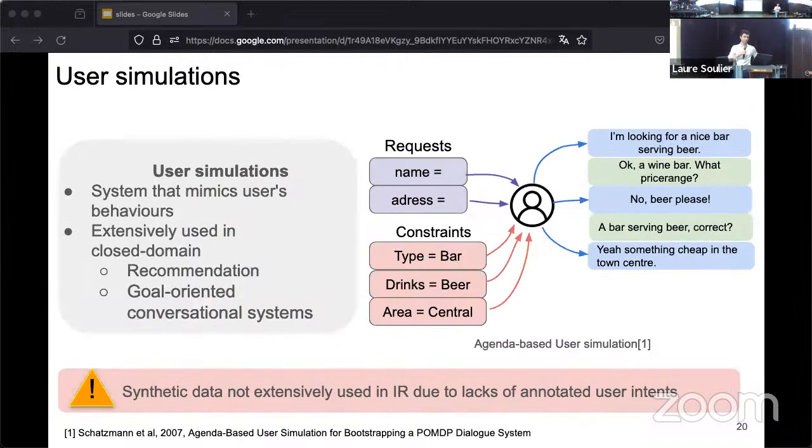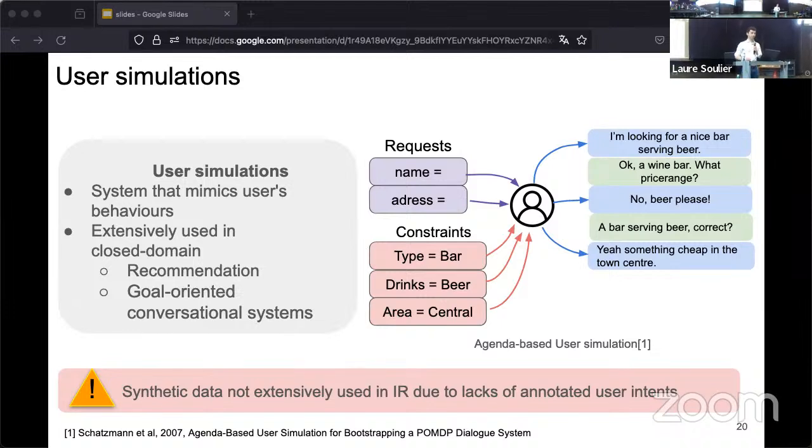In other domains that deal with interacting with users, such as recommendation or collaborative conversational search systems, they usually rely on synthetic data. Basically, they mimic the user's behavior at each turn in the conversation.